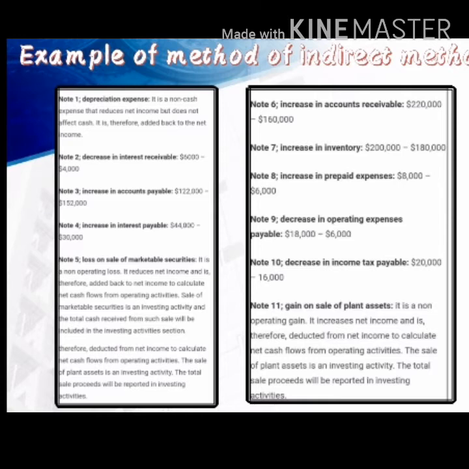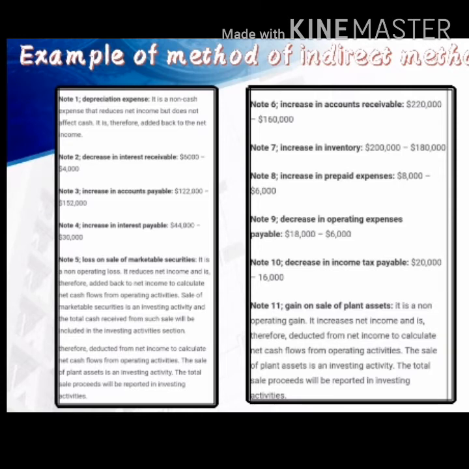And number 4, the increase in interest payable. The interest payable is also under the current liabilities on the balance sheet of XYZ company.